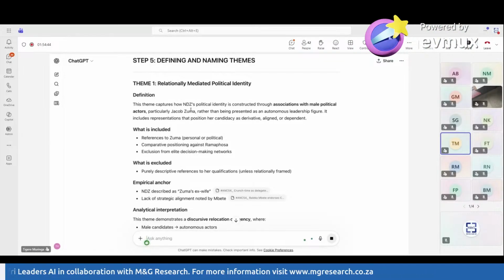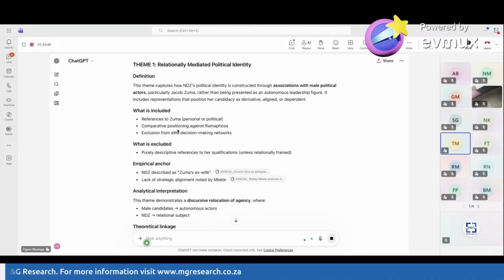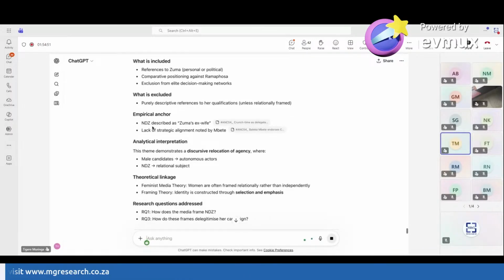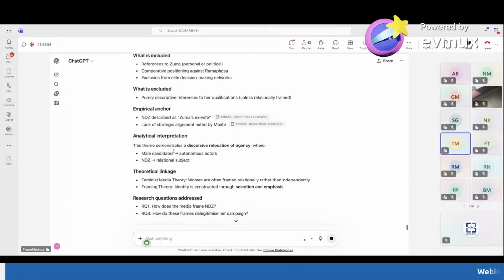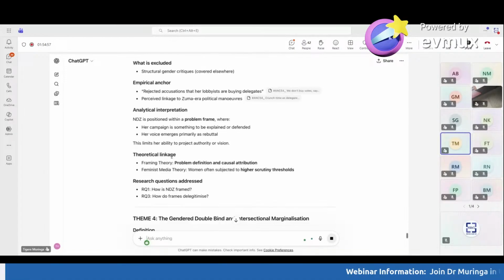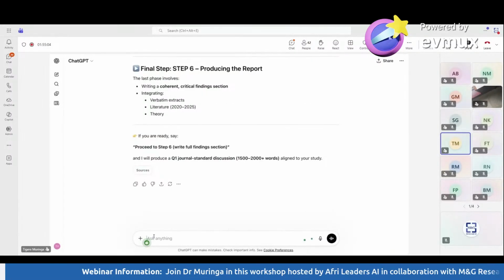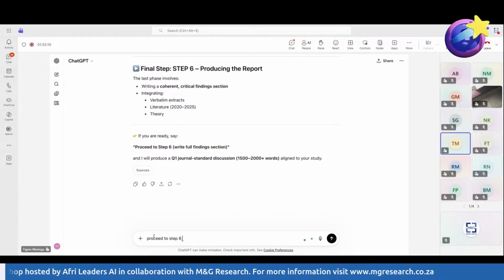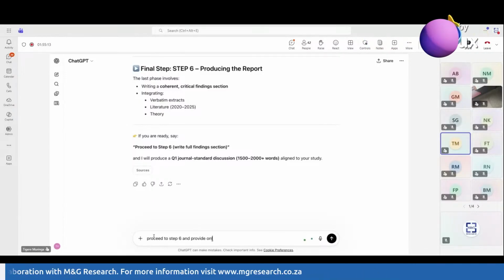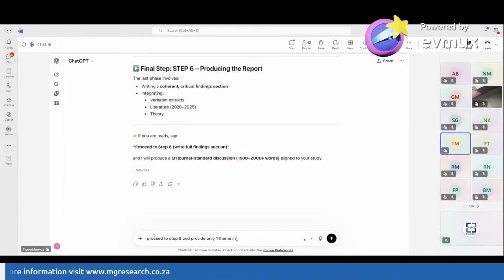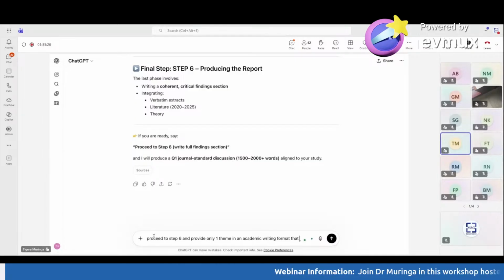This theme captures it: defining the theme, what it included, the codes that were included, what it excluded, the empirical anchor, the examples, the analytical interpretation, the theoretical linkage, etc. So I'm going to say, just one theme: proceed to step 6 and provide only one theme in an academic paragraph, in an academic writing format that's ready for examination.